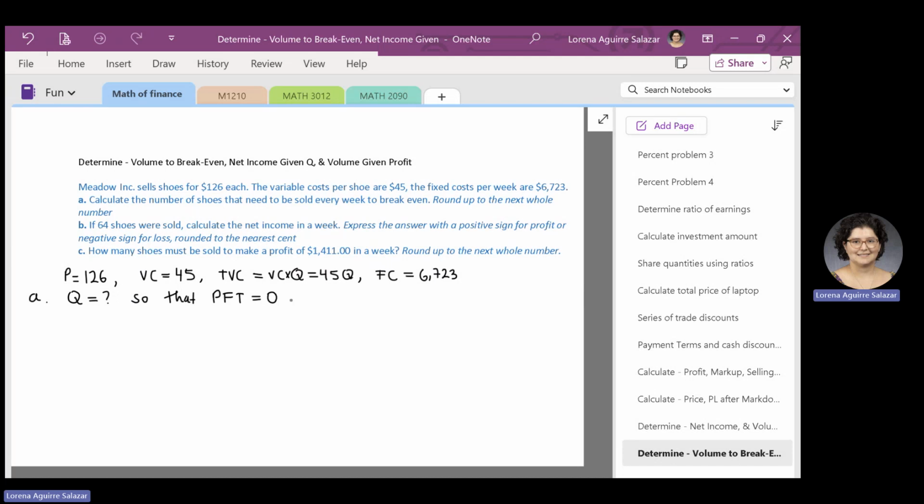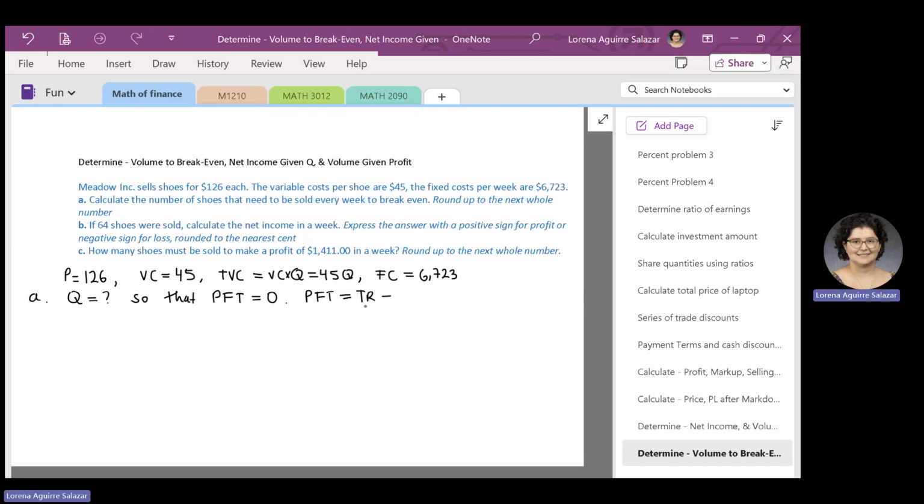Now, profit is something that defines the success of the business, and profit is determined by the following equation. We have profit equals the difference between the total revenue earned and the total costs incurred in the business.